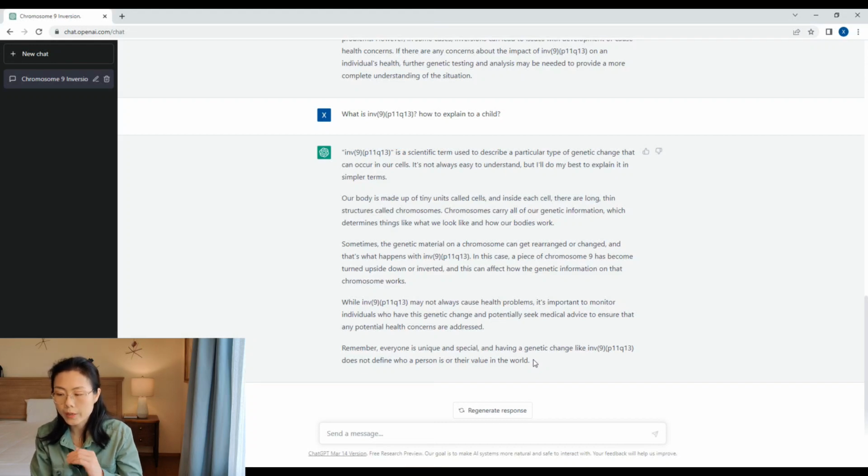So you can see that the way it speaks is quite different if it's explaining it to a physician, to a parent, versus now speaking to a child. And it reassures the child that everyone is unique and special, and having a genetic change like this does not define who a person is or their value in the world.